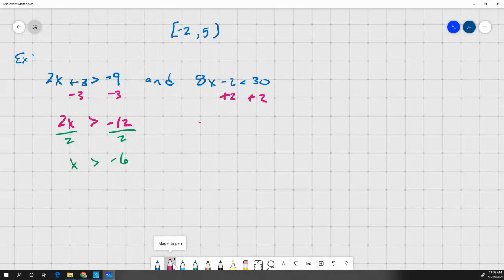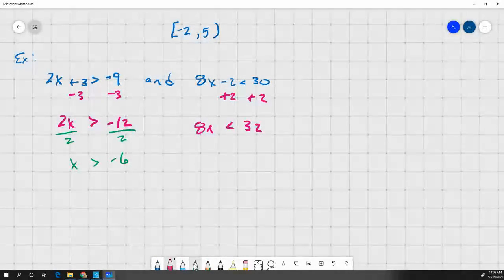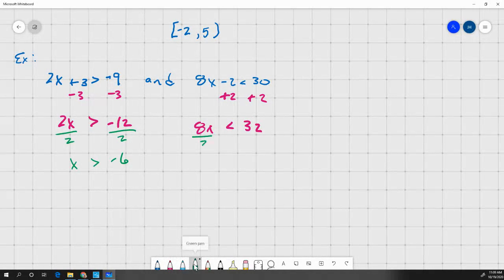I'm going to get 8x is less than 32. I'm dividing by 8. I'm losing my mind because I divided by 2 on the other side. Dividing by 8 on both sides, which will make my answer much nicer. x is less than 4.